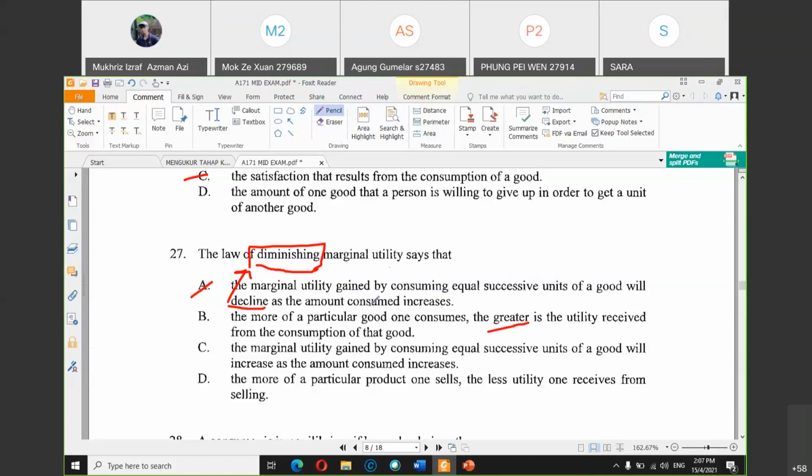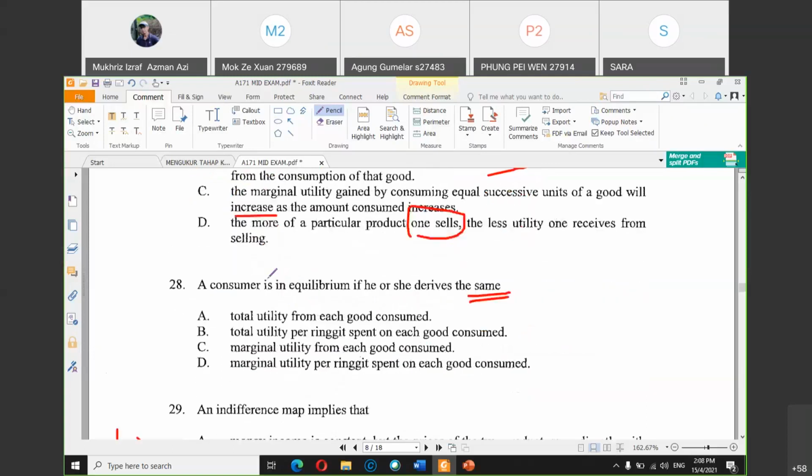The one saying increase is also wrong. The one about a particular product and selling is not correct, because you're talking about the seller; we don't talk about selling products here. Okay, a consumer is in equilibrium if he or she derives the same of what?